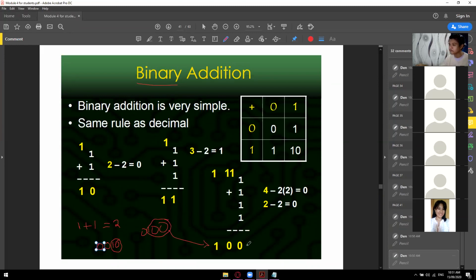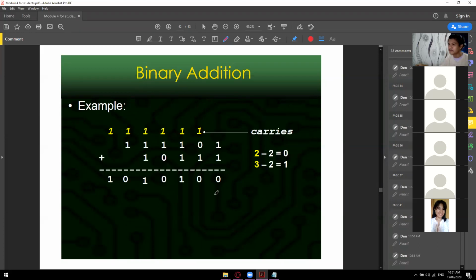Okay? So, ganun mag-add sa binary. Let's have an example para mas maintindihan ninyo. So, 1 plus 1, 10. You have to carry the 1, bring down 0. 1 plus 1 is still 10, so carry 1, bring down 0. 1 plus 1 plus 1 is 11, so carry 1, bring down 1. 1 plus 1, 10.